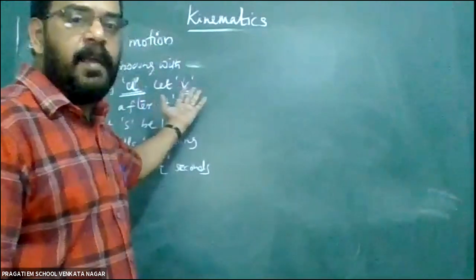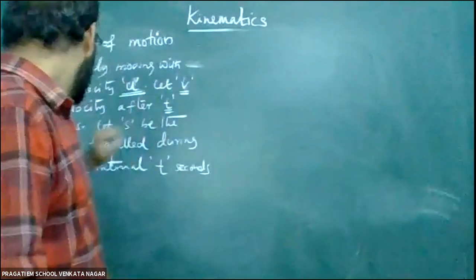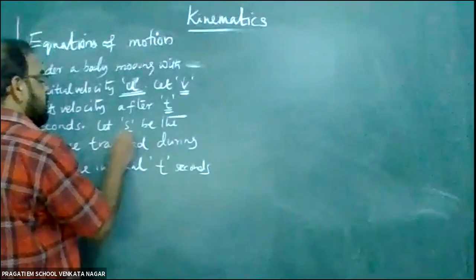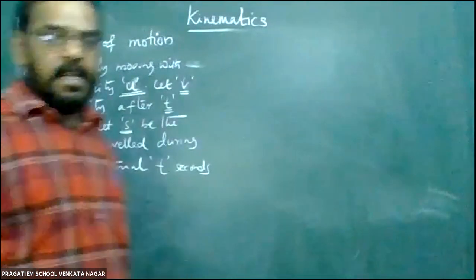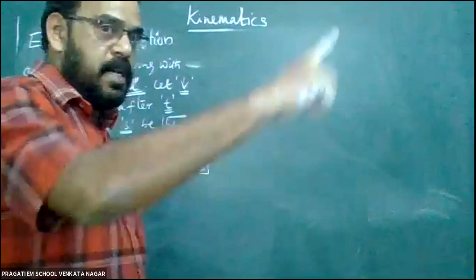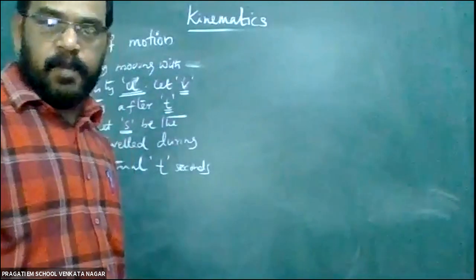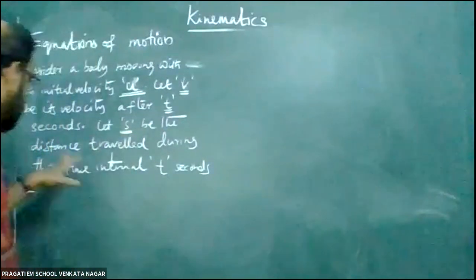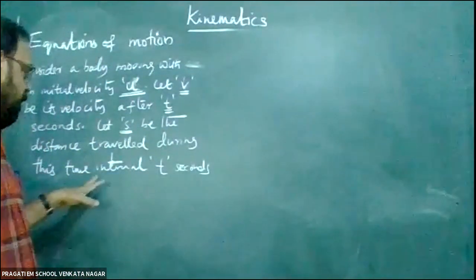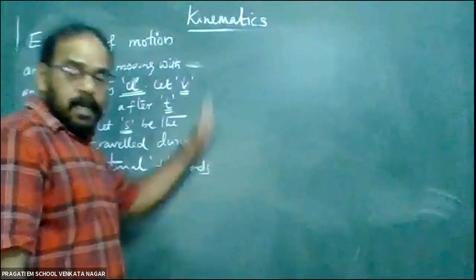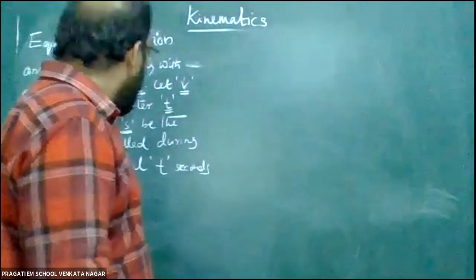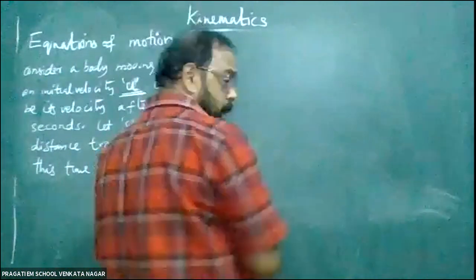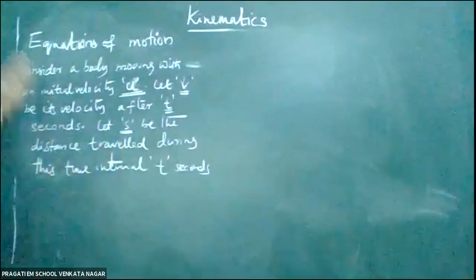That means the final velocity is v. Now, during this time interval, the distance traveled we can denote as s. Yesterday I told you in a straight line journey, distance and displacement will be the same. So s is the distance traveled during this time interval t. What each letter represents, I write it here, and only after you write this down, I erase it.